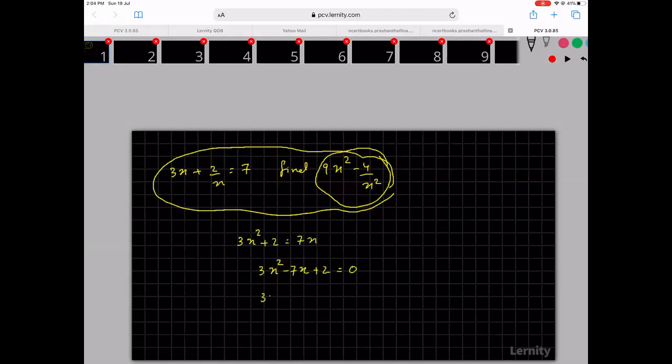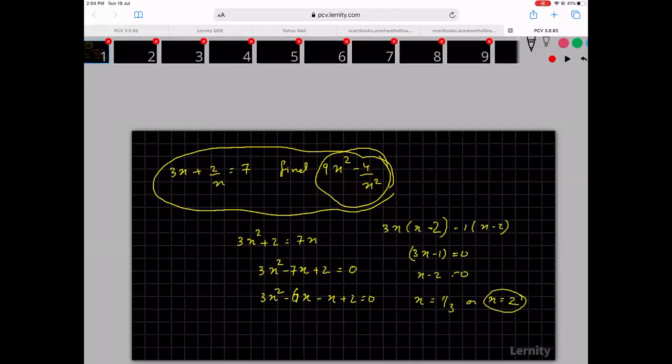So from there I can say 3x square minus 6x minus x plus 2 is equal to 0, and I have 3x into x minus 2 minus 1 into x minus 2, or I'll have 3x minus 1 is equal to 0, or x minus 2 is equal to 0, implies x is equal to 1 by 3 or x is equal to 2.